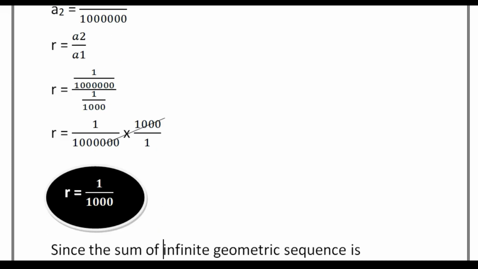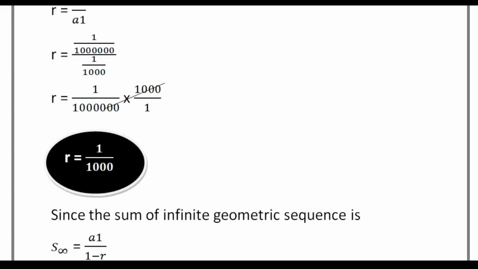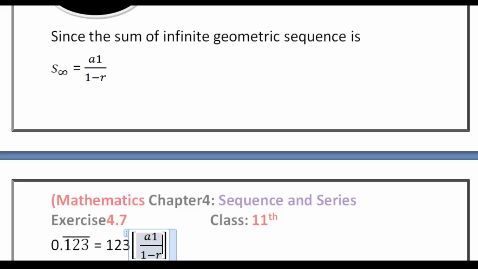Since the sum of an infinite geometric series, that is S infinite, is equal to A1 divided by 1 minus R, so 0.123 bar is equal to 123 into the sum of the infinite series.